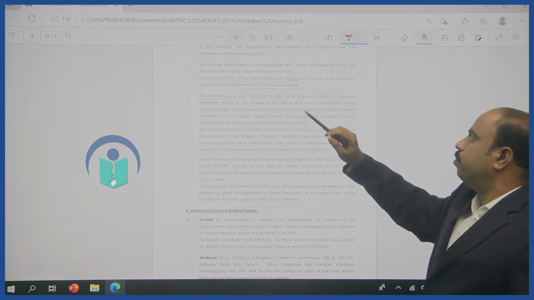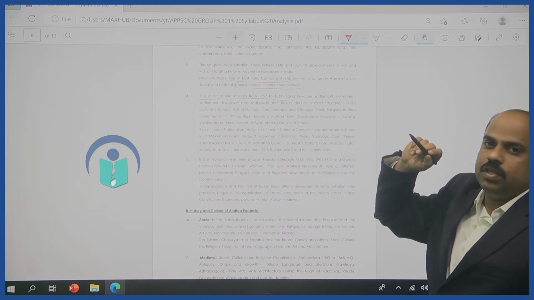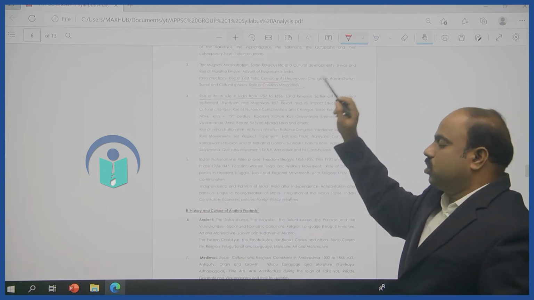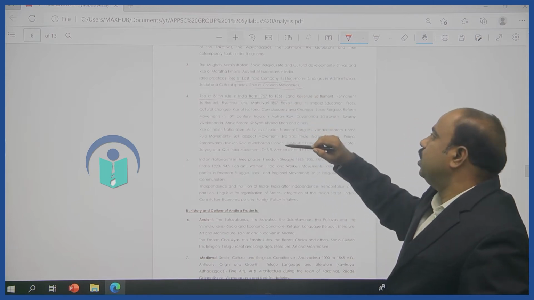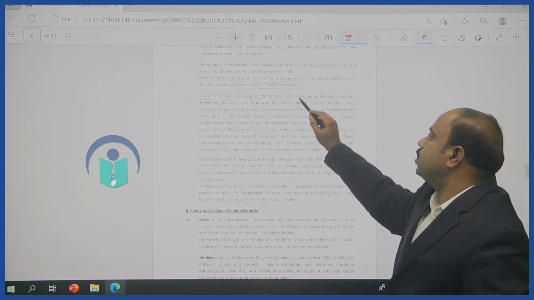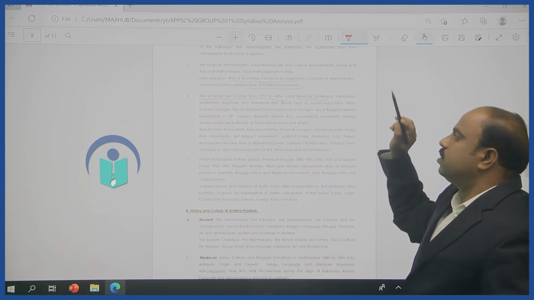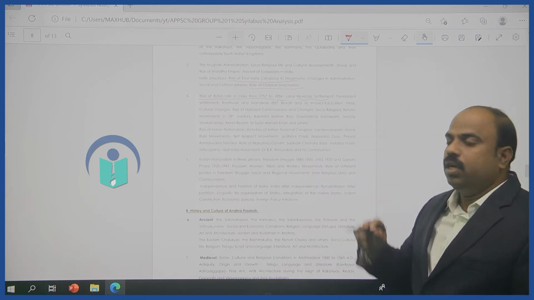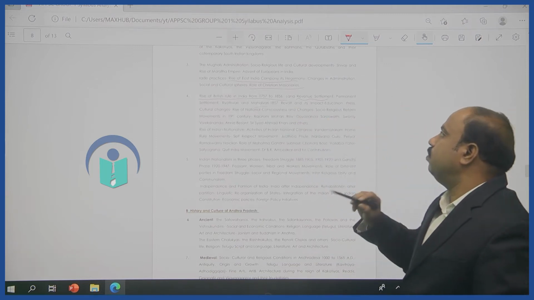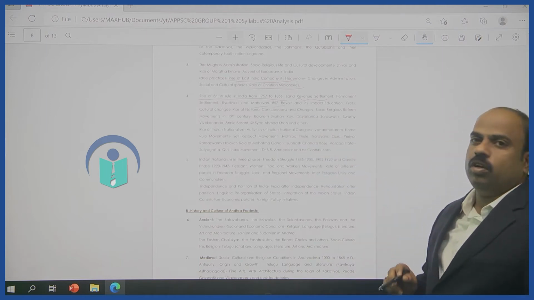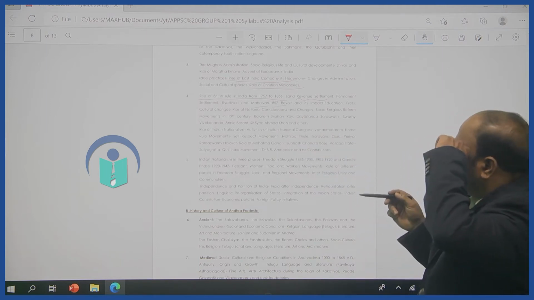British Raj, East India Company ruled from 1757 to 1856. Then land revenue settlements, permanent settlement, Raitwari settlement. The next, Mahalwari settlement. Then the 1857 revolt. What are the consequences? Okay, following.